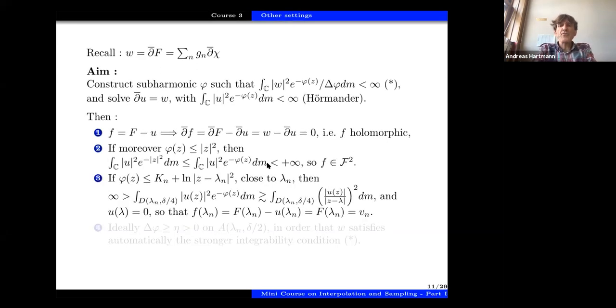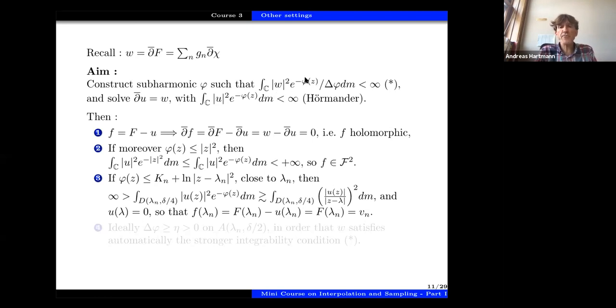The other condition, which is a little bit more intricate, is that when I'm close to an interpolation point, where I interpolate, then my phi should be in such a way that this gets very big. In fact, this should have a pole. If this has a pole, then necessarily w, which is not a holomorphic function, but it's continuous, in fact, has to be 0.